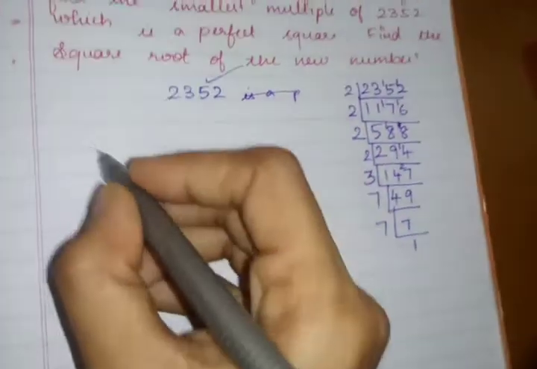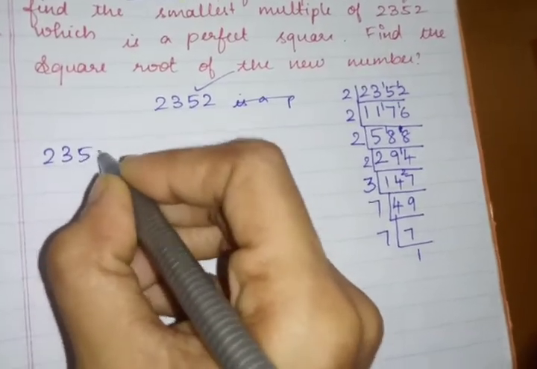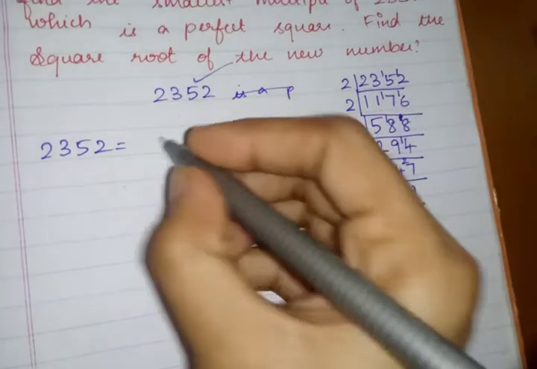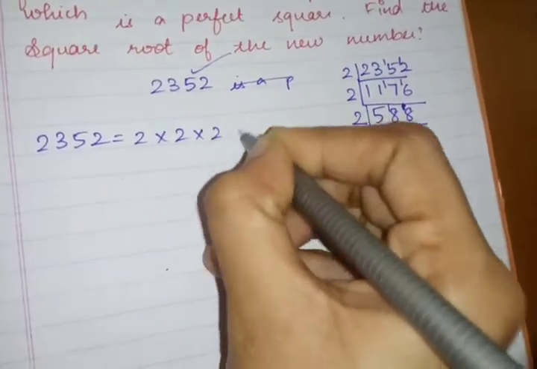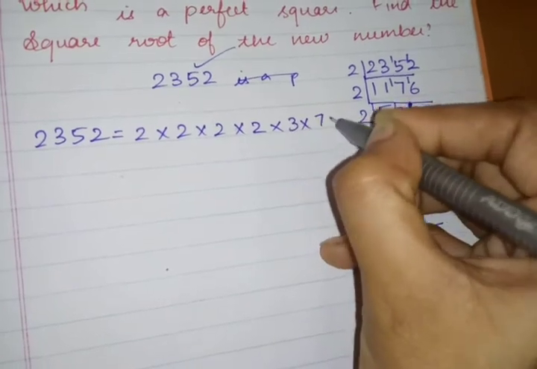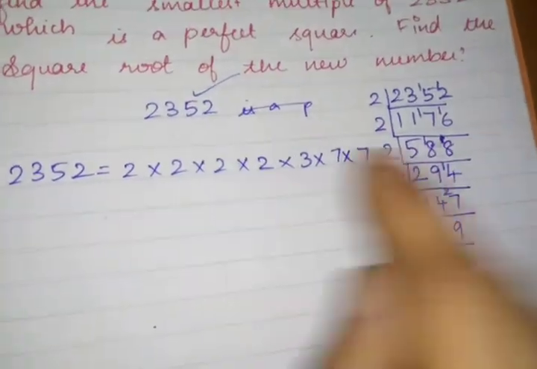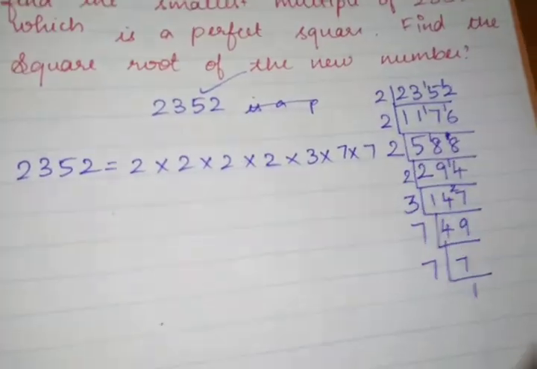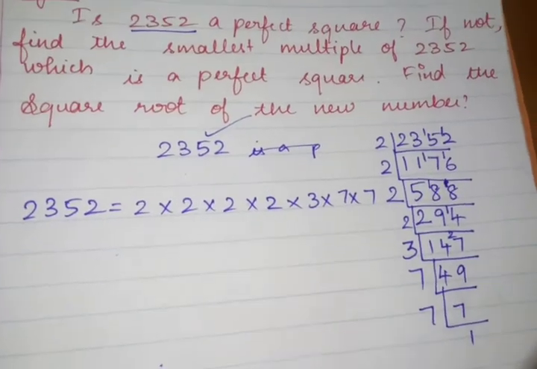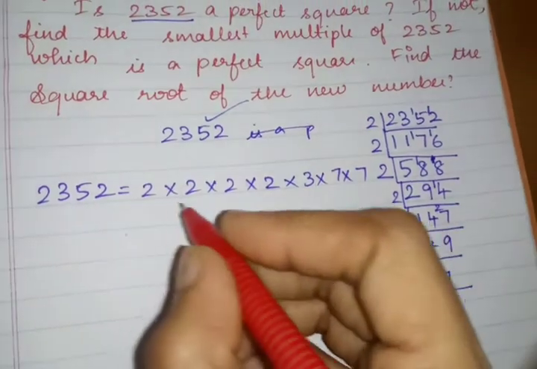So listen, how will you write it? 2352 is equal to 2 into 2 into 2 into 2 into 3 into 7 into 7. Okay, now we have found the prime factorization. So we have to check whether the pairing is there or not.